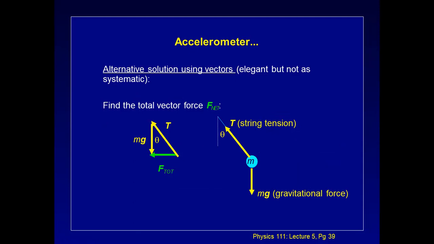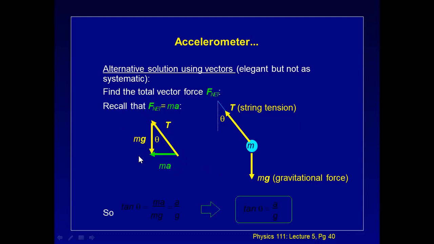Now, your T, that is your hypotenuse, is pointing north of west, and then the weight of the accelerometer is downwards, mg, and then your F net is to the left. If we consider this and use trigonometry, remember your F total is equal to the summation of forces, or F net, which is equal to the mass of the accelerometer times the acceleration, which gives us tangent of theta is equal to a over g.